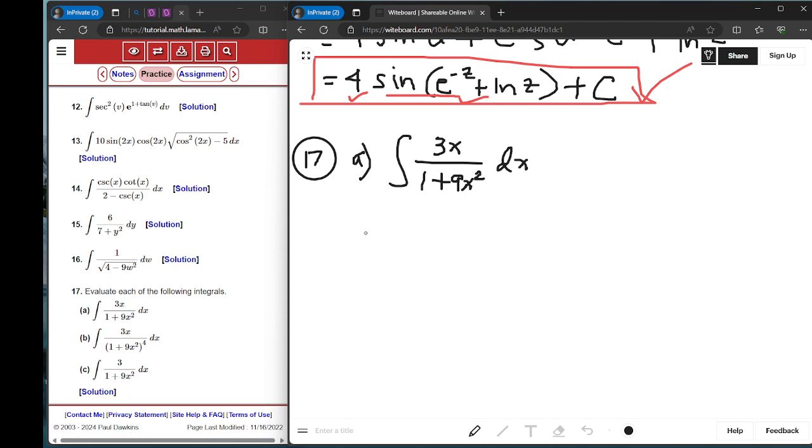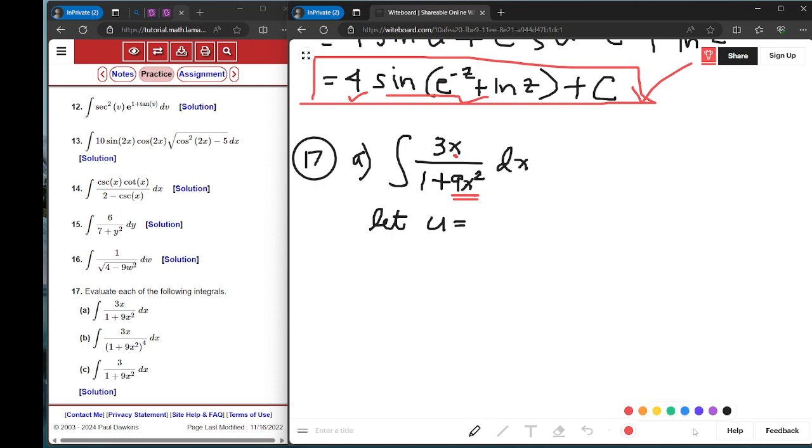If we let our u be equal to, since we have here 9x squared, if we get the derivative of x squared, that will become x. So we also have x here.